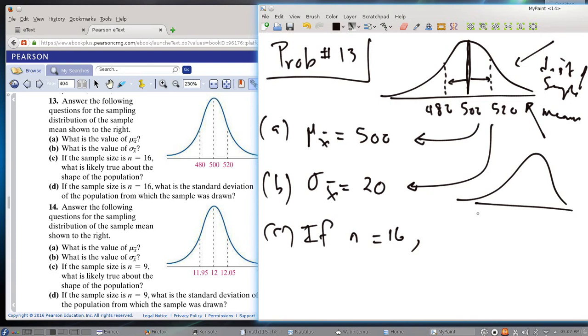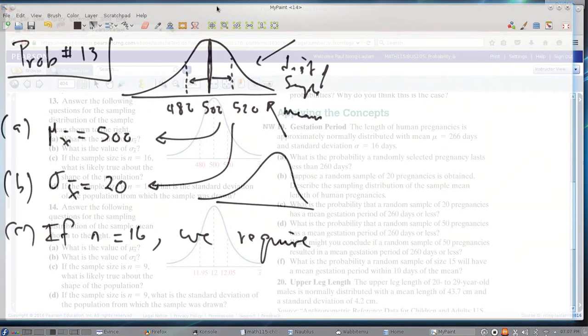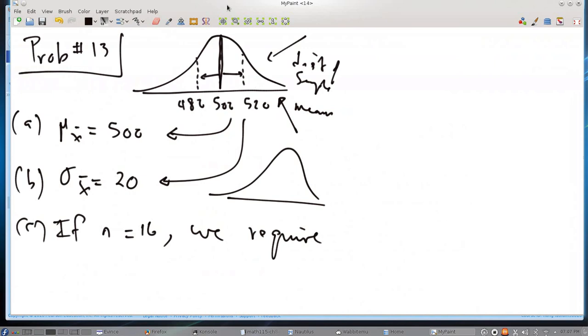So if n is 16, we require, and you see here the problem did not even mention anything about the distribution of the population from which the samples were collected. So we need to explicitly make the statement that we require the population to be approximately normal.